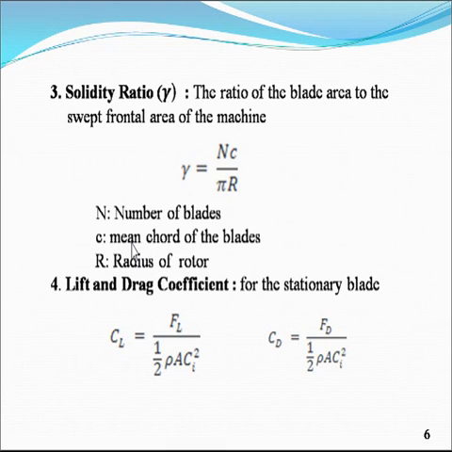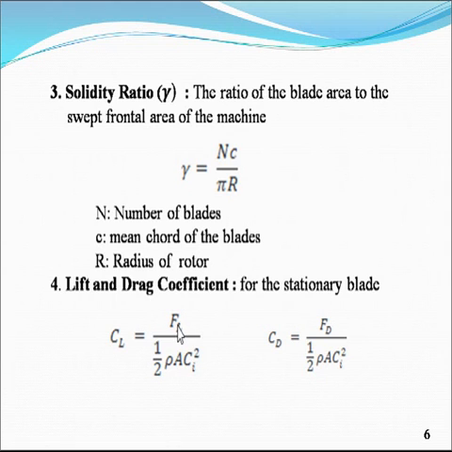Now we'll discuss the two coefficients, lift coefficient and drag coefficient, for the stationary blade. The first is the lift coefficient Cl, which is equal to Fl upon half rho A Ci square.